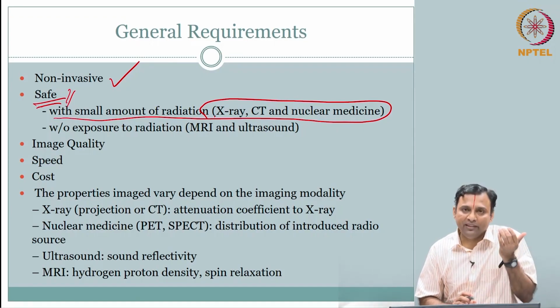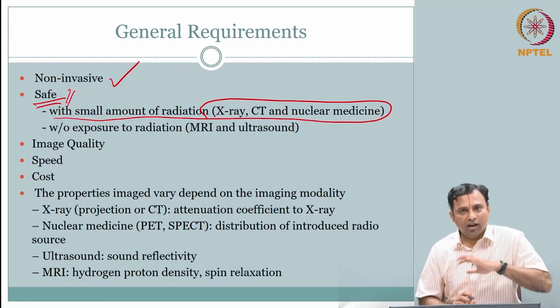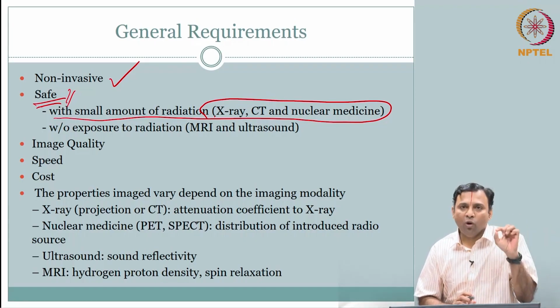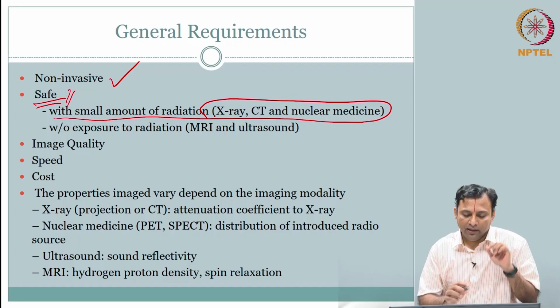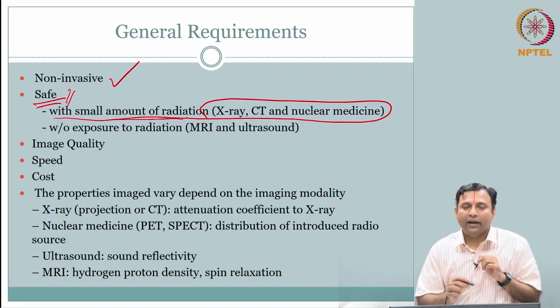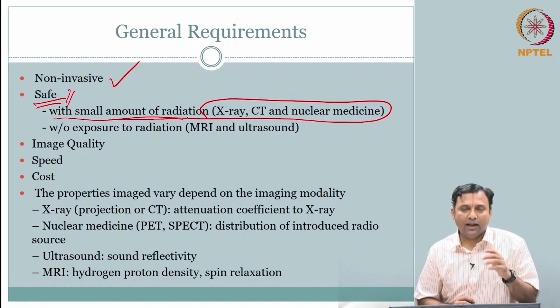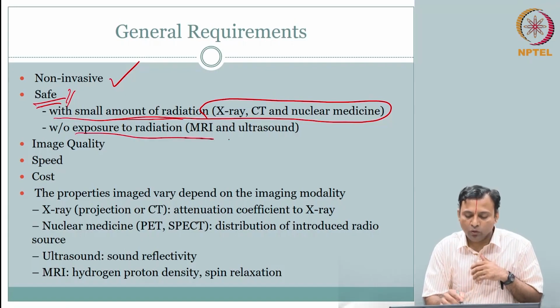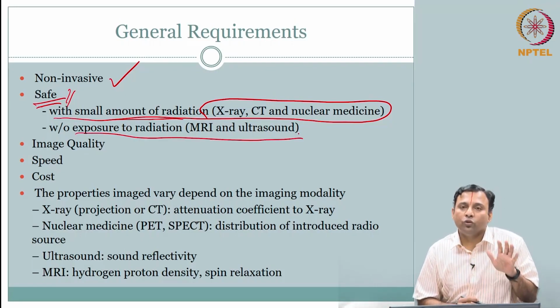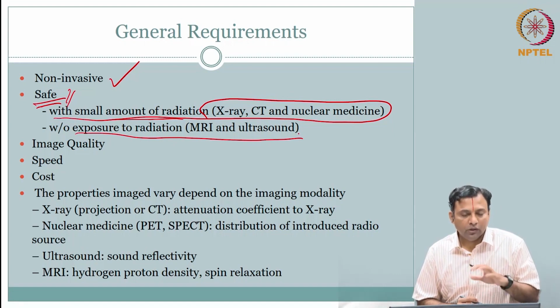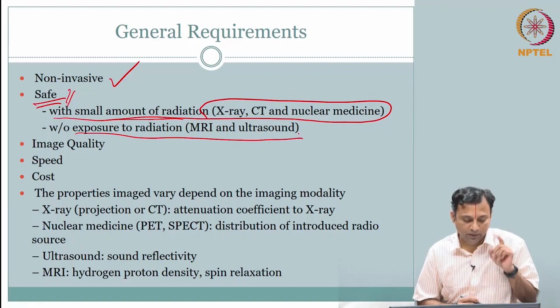The benefit of getting this information far outweighs the small risk that you run when you do radiation. Of course, there are other modalities where there is no problem. There is no at least known biological detrimental effect, like your MRI and ultrasound, right? So safety is a concern when you have the imaging system. One of the requirement is it has to be as safe as possible.